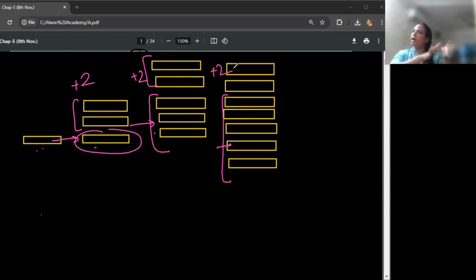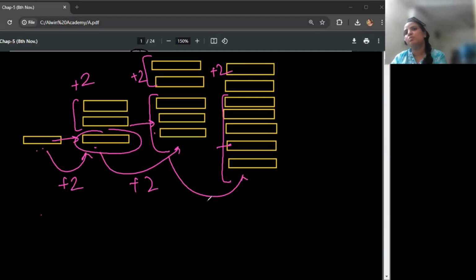So whatever you had previously, in the same thing, you're adding something again and again. And that adding of something should be uniform, should be common. Plus 2, plus 2, plus 2. If you are adding or subtracting the same thing, the consecutive terms that you are having is called an AP. So what is the characteristic that I'm telling you again and again here?